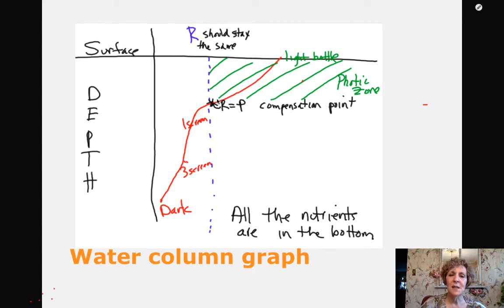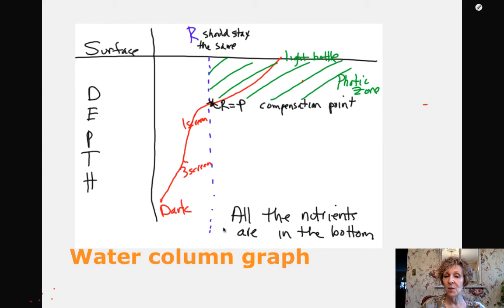But as I get deeper and deeper, I am going to be doing more respiration than photosynthesis. And way down here in the dark, I'm not doing anything but cellular respiration. So there's going to be a point in the depth of my water column where my rate of cellular respiration is equal to my rate of photosynthesis, and that's what we call the compensation point.